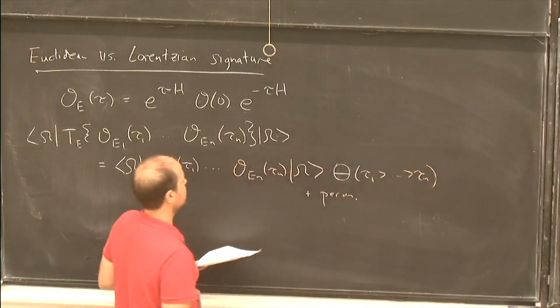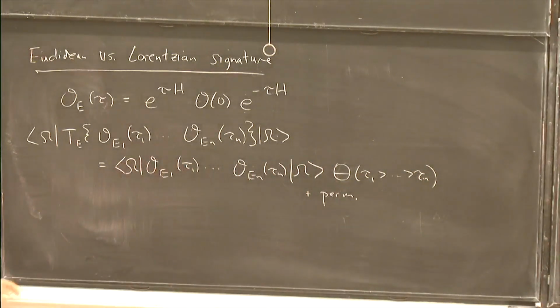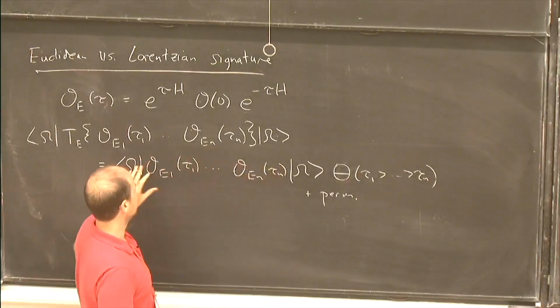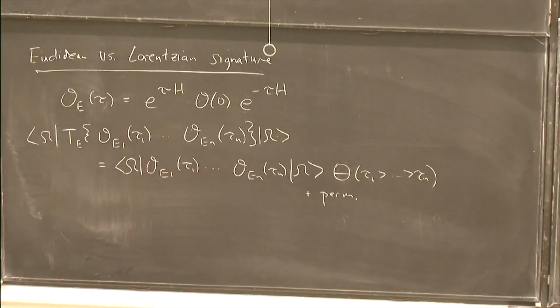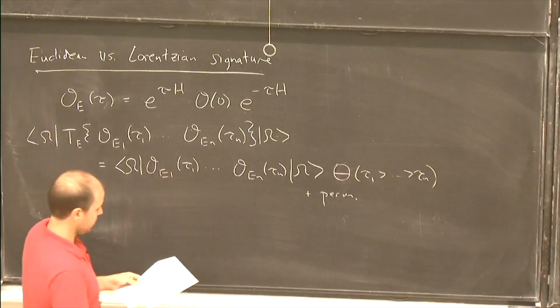So this theta function imposes that the times in the correlator are ordered so that they're increasing from right to left.